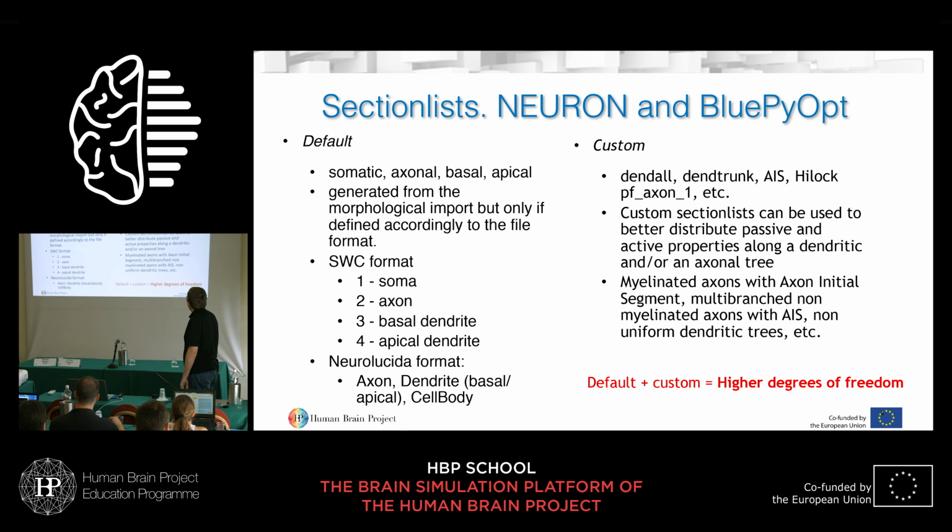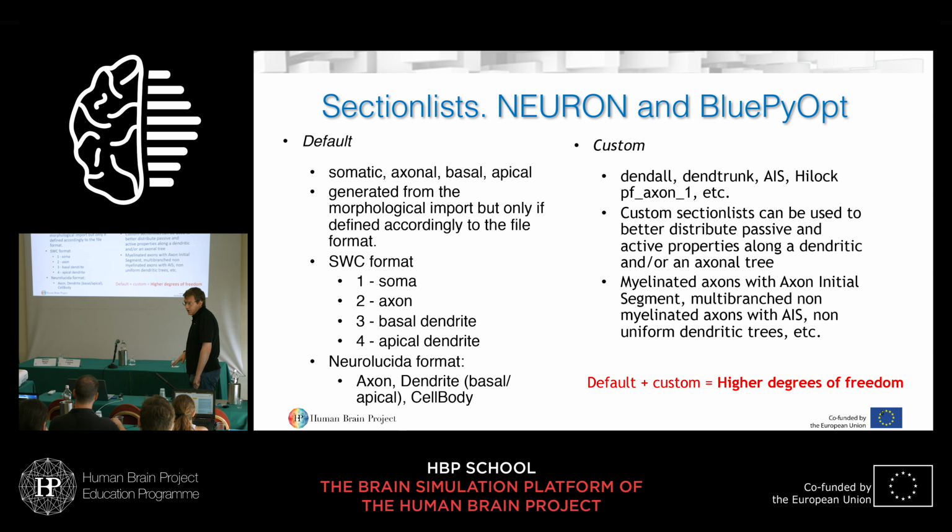So starting from the basics, the section lists, which have already been described. The original ones defined by Neuron are somatic, axonal, basal, and apical. So every time I find a morphology of a cell and load it into Neuron, I can obtain the division of all the sections into somatic, axonal, and dendritic section lists.